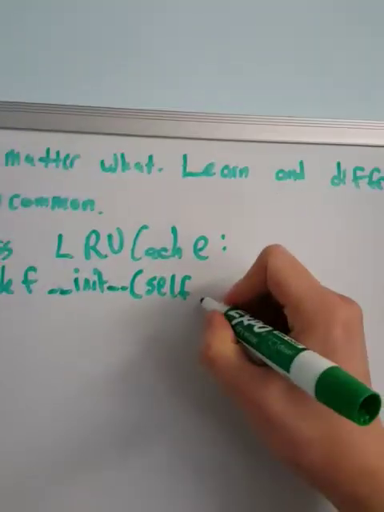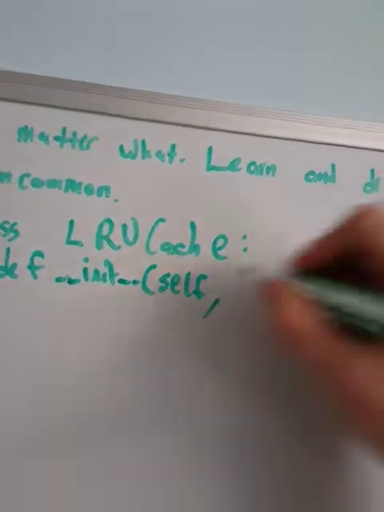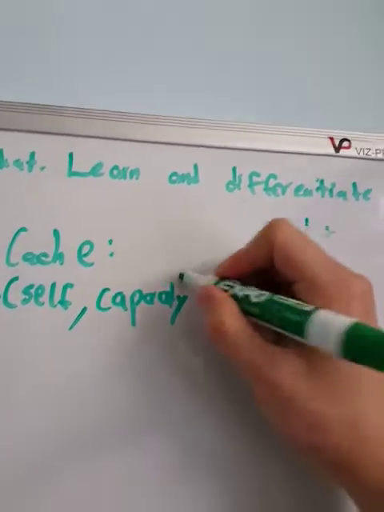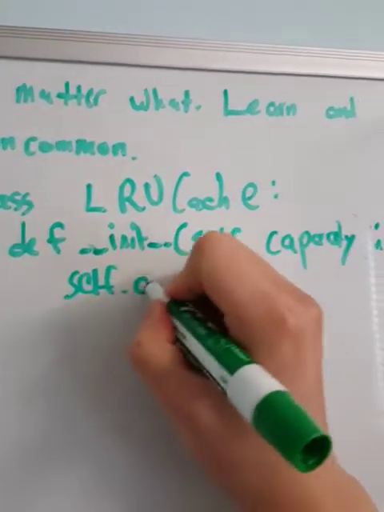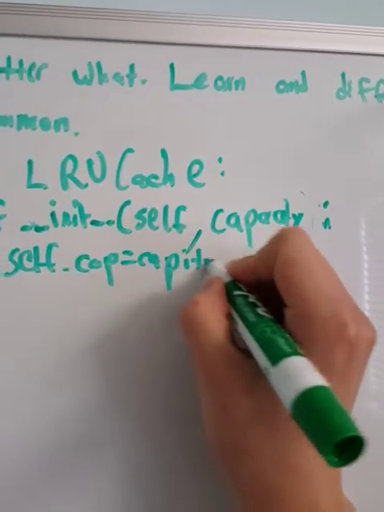Self is like this keyword in other languages like Java. It's going to have a capacity, like I said before, so self.cap equals capacity. Our implementation is going to include a doubly linked list and a dictionary.